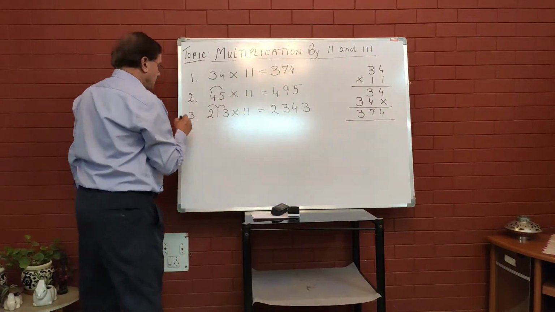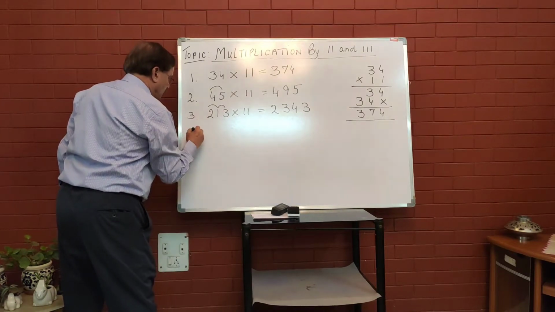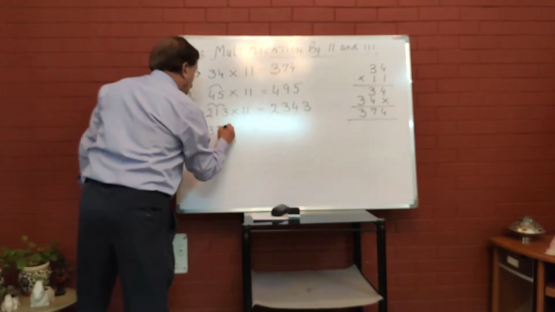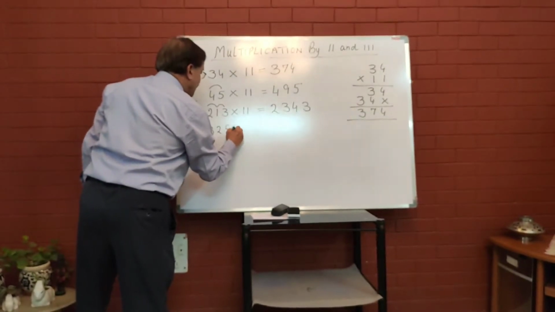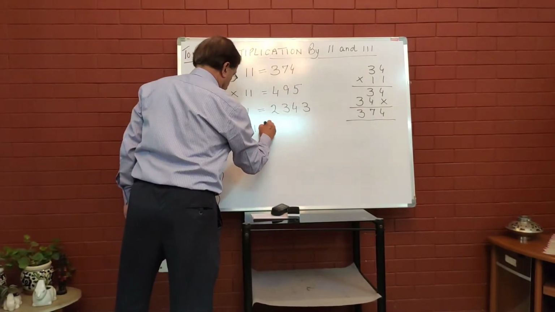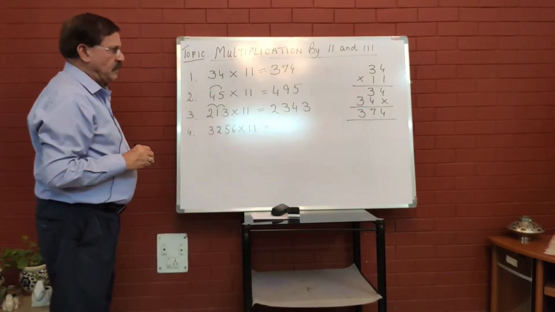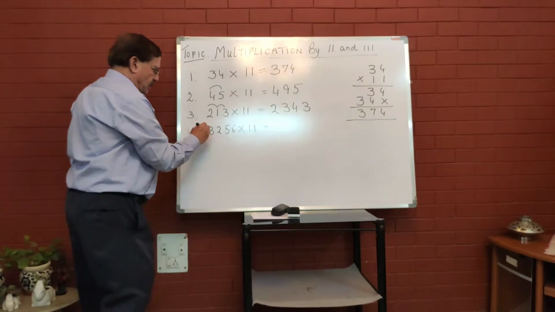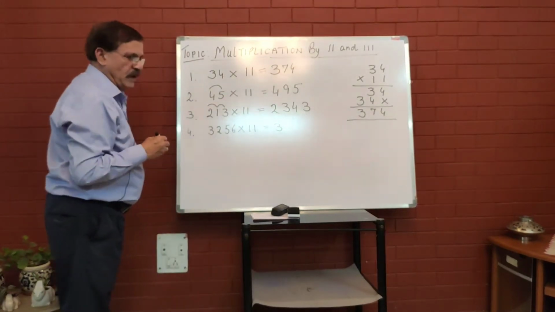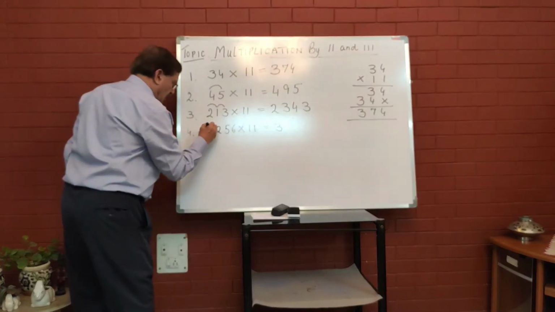Let us take a 4-digit number, 3, 2, 5, 6 multiplied by 11 is equal to, the same technique will be applied. 3 will be written as it is. If you feel uncomfortable, you can use these arrows which I am using over here.